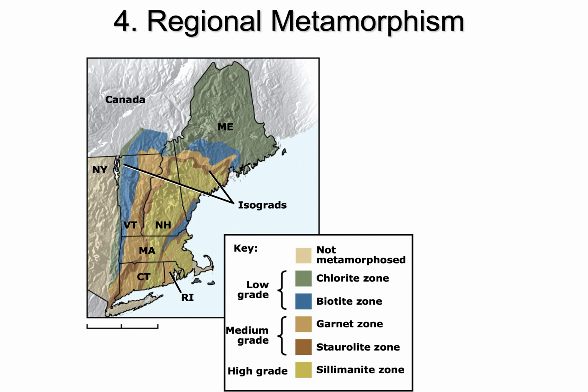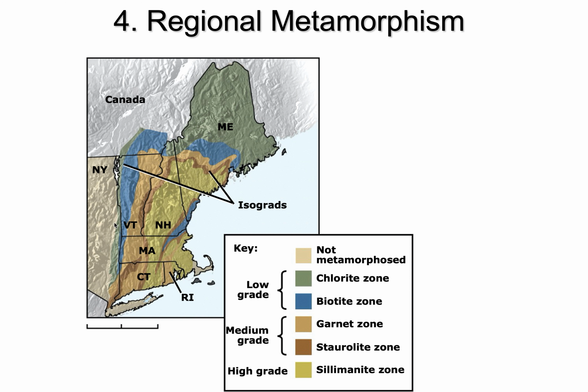We have this sand-colored area, classified as NY, for New York I think, that is not metamorphosed, so there we will not find any metamorphic rocks. Then we have this greenish area close to the sand brown area, and there we have the first zone, the chlorite zone.